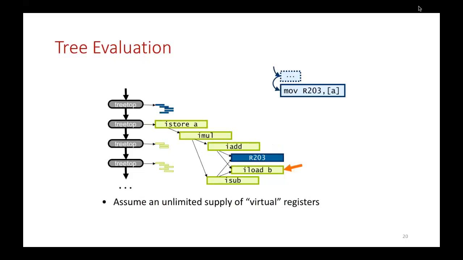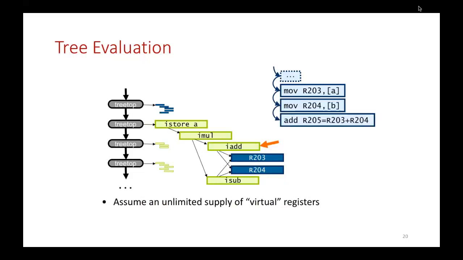We go to the next child and go through the same process of evaluation. In this case, it's loading B into register 204, and it sets register 204 on that node. Since we're out of children for this node, we go back up to the parent, the add.